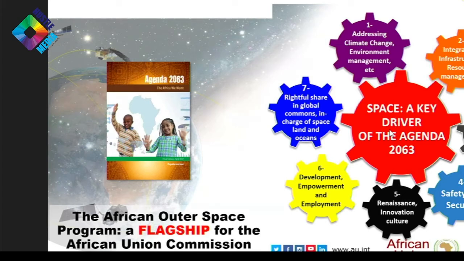And subsequently, the AU heads of state and government identified the African Outer Space Program as a flagship for implementation of this agenda. And this just shows a few objectives where space can cover, but we have a lot more that space addresses more than this.